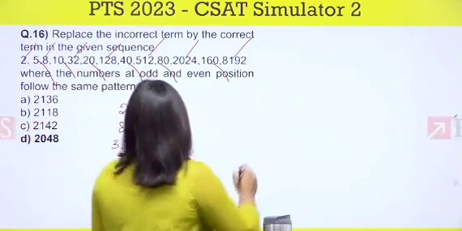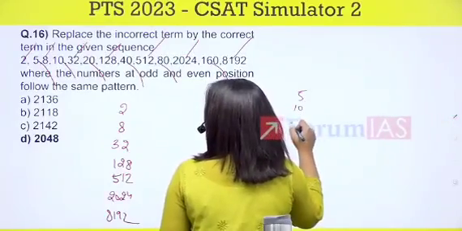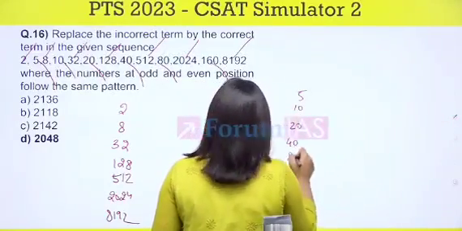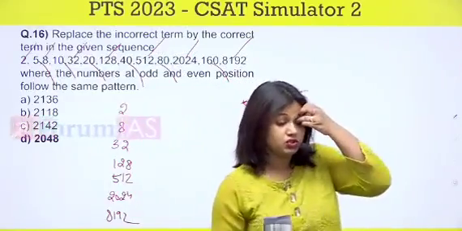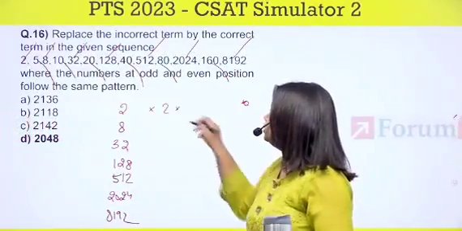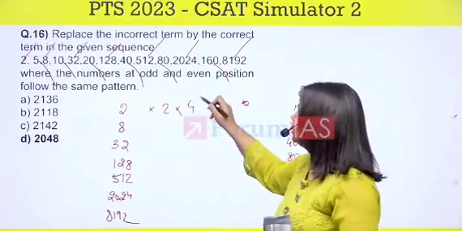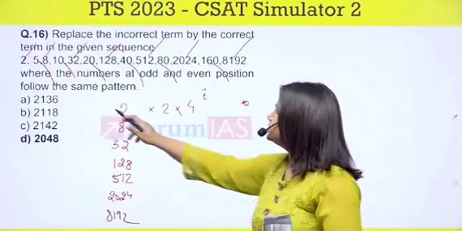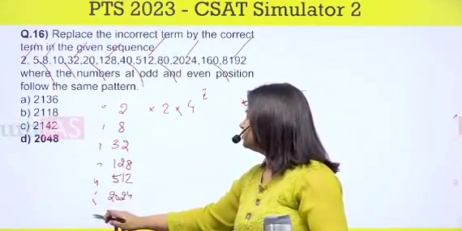The other series that I have is 5, 10, 20, 40, 80, 160. Okay, so the first series is 2 into 4 to the power of something, which means this is 0, this is 1, this is 2, this is 3, this is 4, this is 5, this is 6.